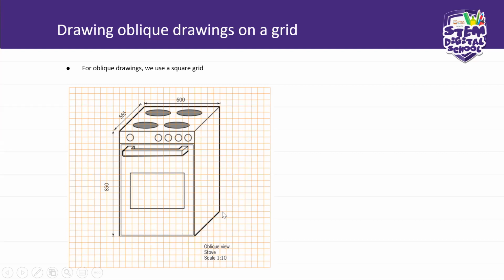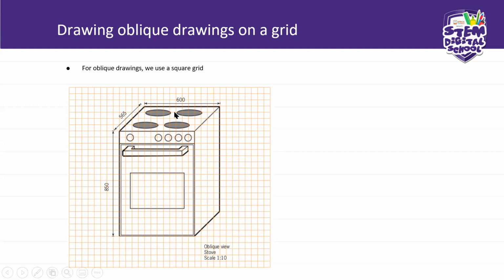The angle will be 45 degrees because these are squares. So a grid actually is what is making your drawing easy. That's why maybe in your test, you can be required to draw a certain drawing on the grid paper. The examiner knows that it is easy for you.